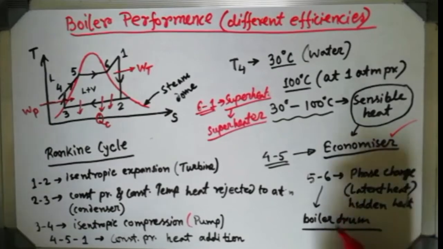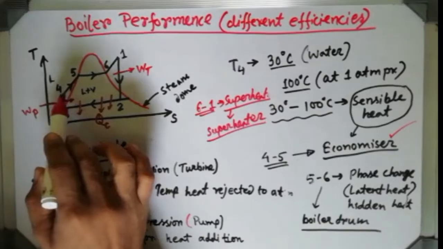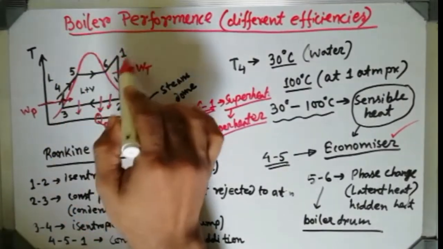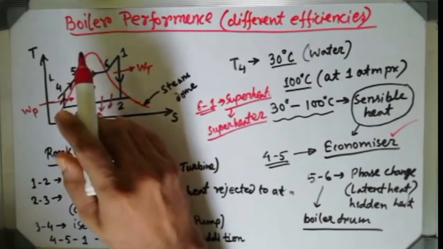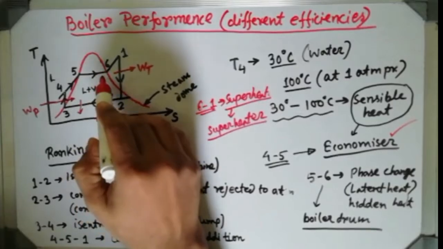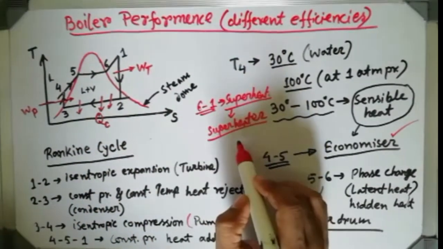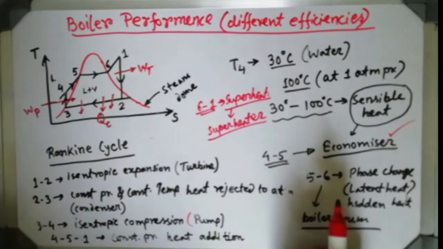Okay, so up to this what I have discussed, the total process 4 to 1 is done in different segments: 4 to 5 is done inside the economizer, 5 to 6 is done inside the boiler drum, and 6 to 1 is completed inside the superheater. But the total process is heat supply.